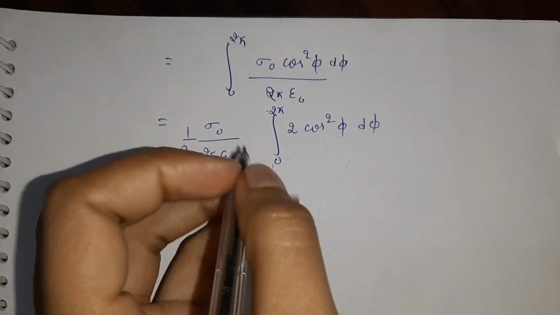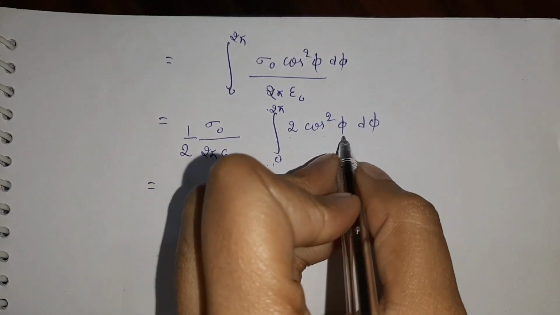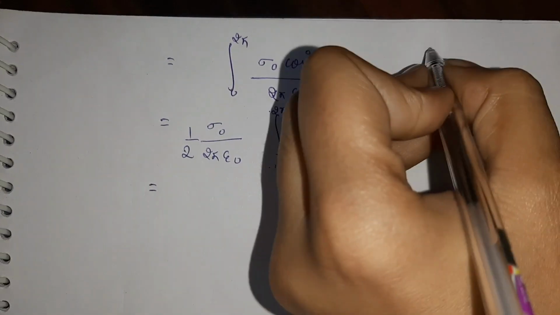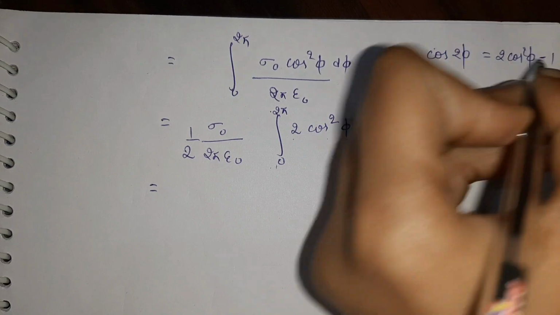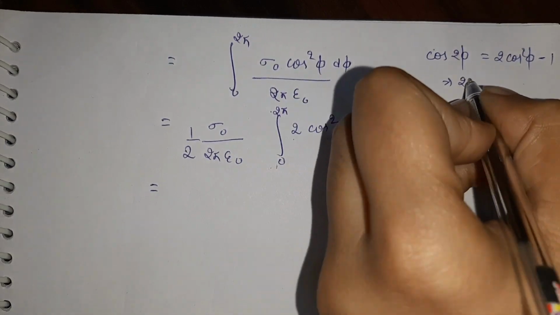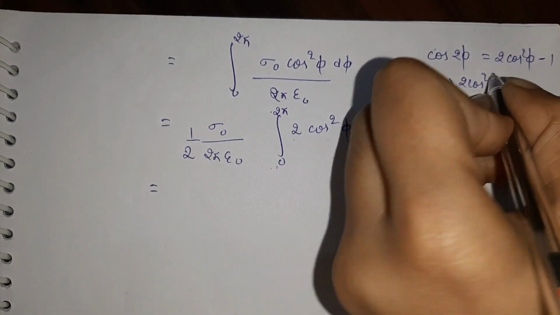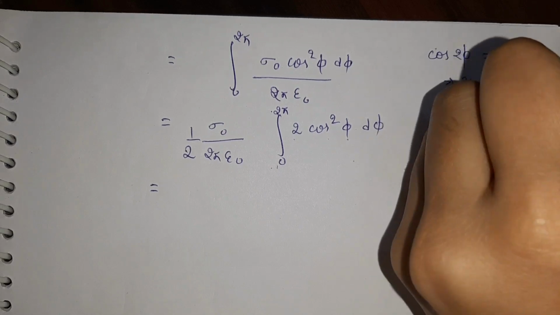Okay. Now 2 cos square phi can be easily written as, we already know that cos 2 phi is equal to 2 cos square phi minus 1. So from here, 2 cos square phi will be equal to 1 plus cos 2 phi.